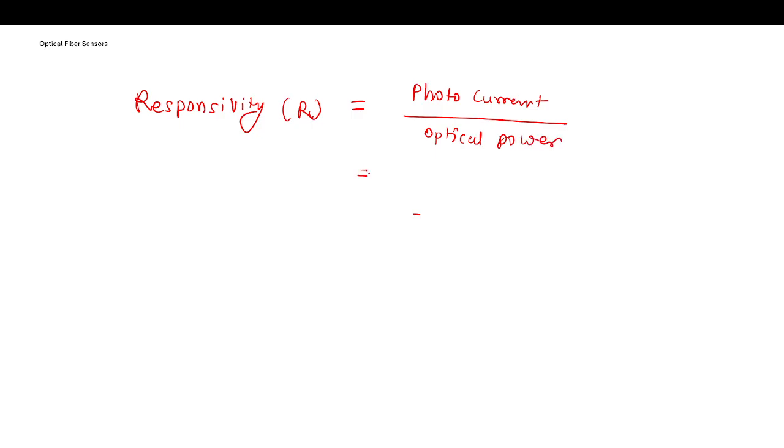So how could it be related? So photocurrent IP, whatever is generated, and power input, whatever has been given. So it will be in ampere per watt.